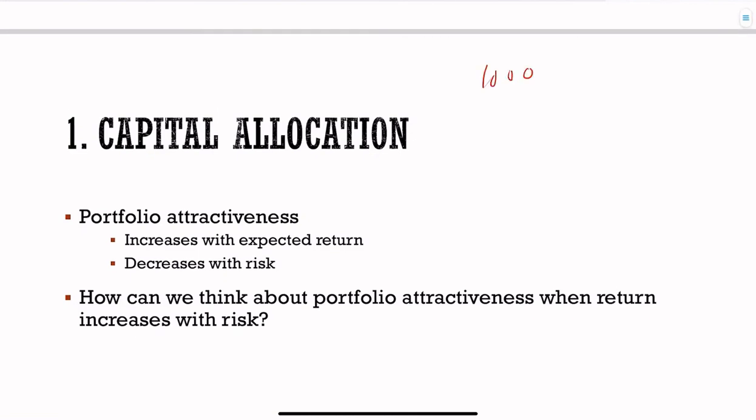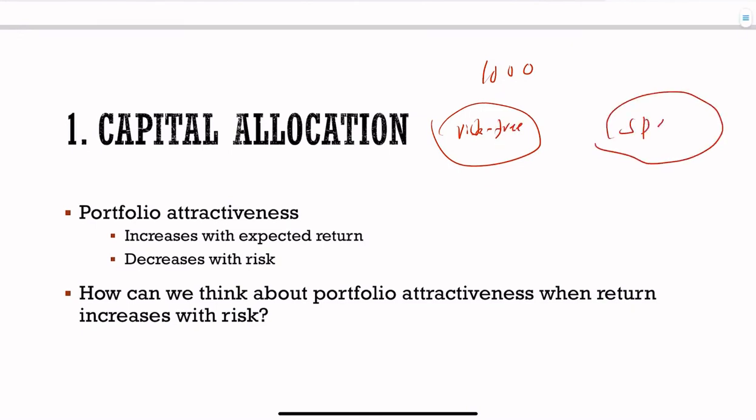So the question is like this. Let's say you have again $1,000, and then you have this risk-free investment. Okay, let me call this risk-free. And then you also have this SP 500, right? So this one is risk-free, and this is a risky portfolio.